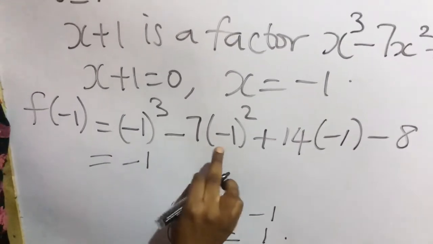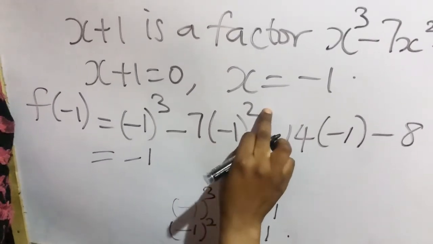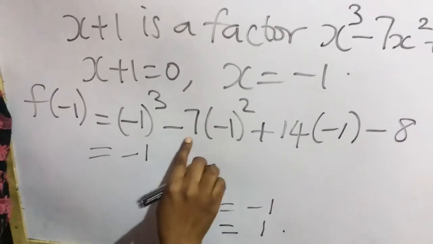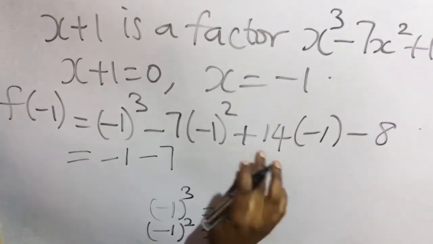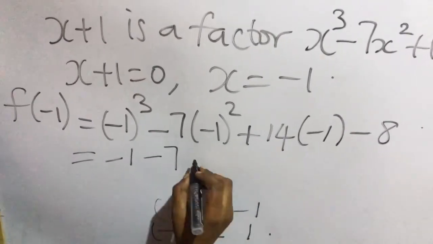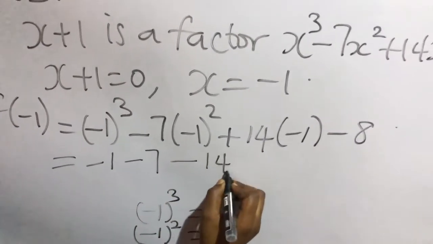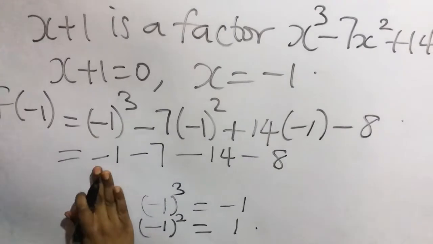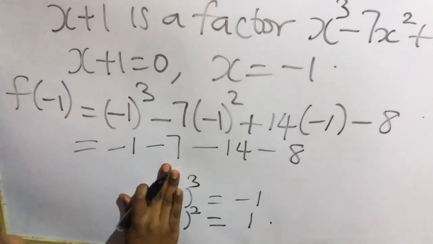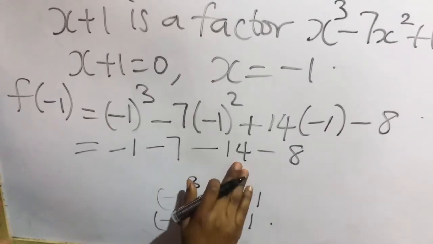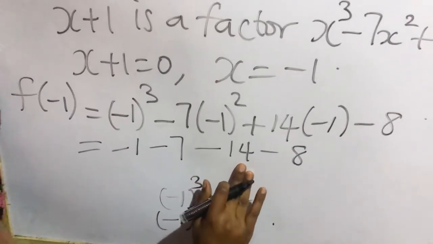Then minus 1 raised to the power 2 is positive 1, so minus 7 multiplied by 1 will give us minus 7. Plus 14 multiplied by minus 1 will give us minus 14, then minus 8. So minus 1 minus 7 is minus 8. Minus 8 minus 14 is minus 22.